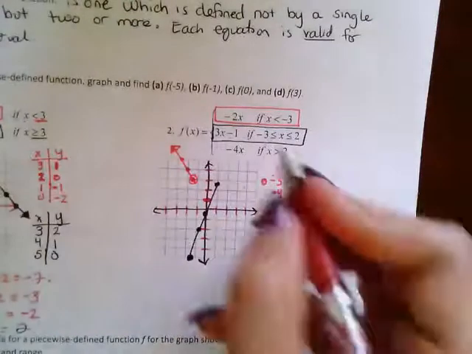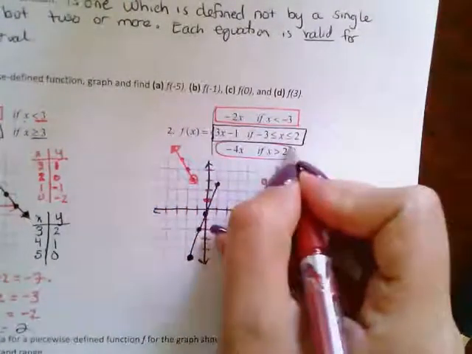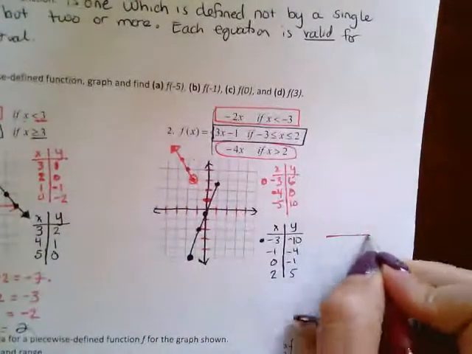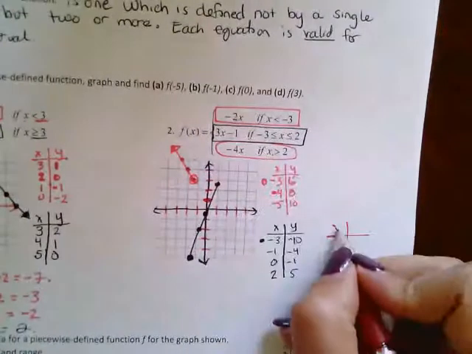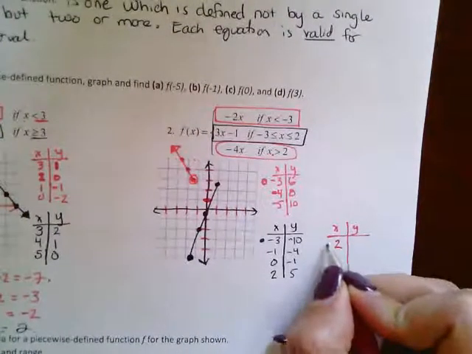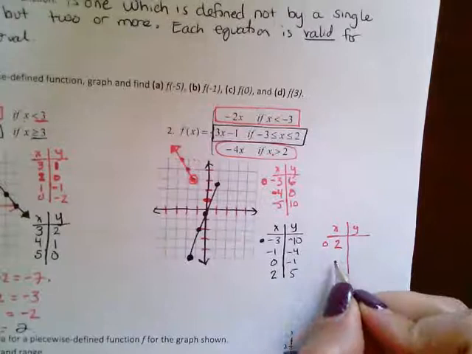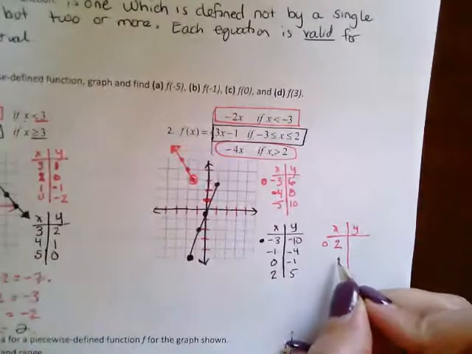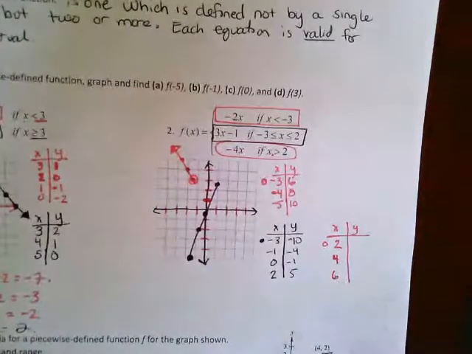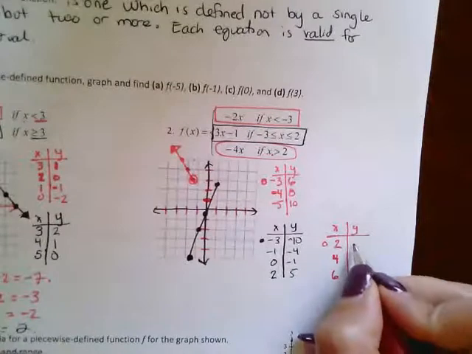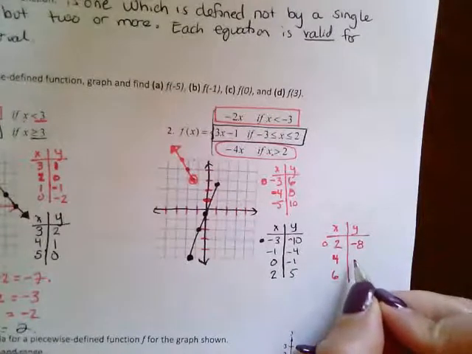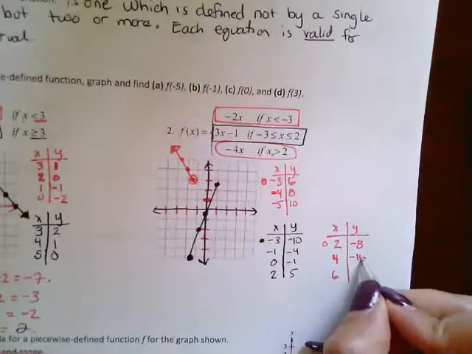And now the last one, I'm going to also do this in red over here. It's going to be x is greater than 2. We have to include 2. That's going to be an open circle. And it is linear, so I'm just going to pick 2, 4, and 6. So at 2, it's going to be -8. At 4, it's going to be -16.